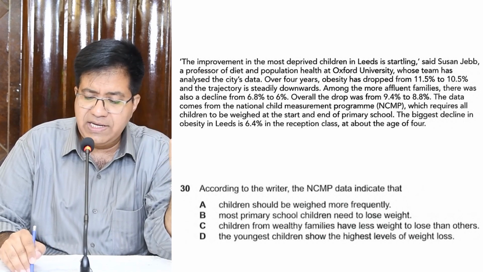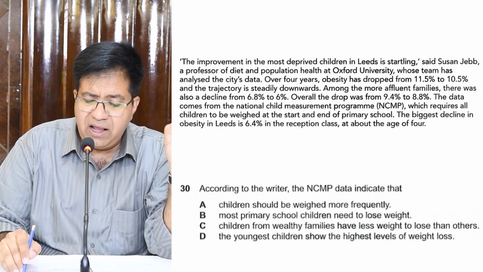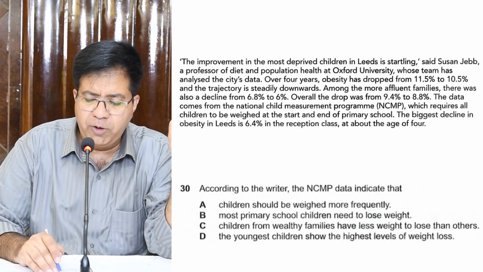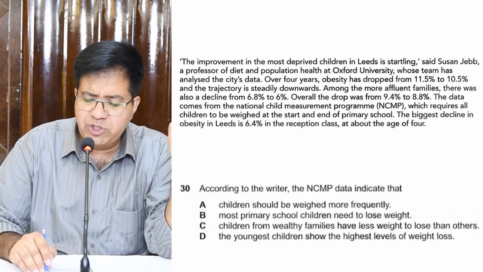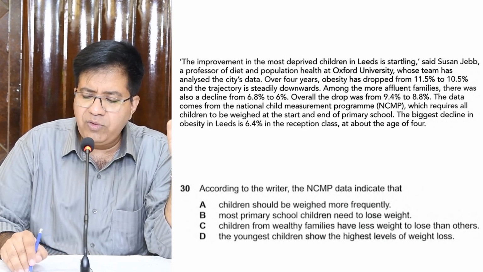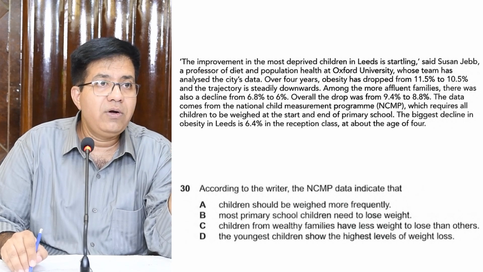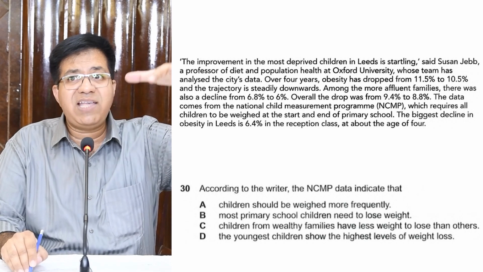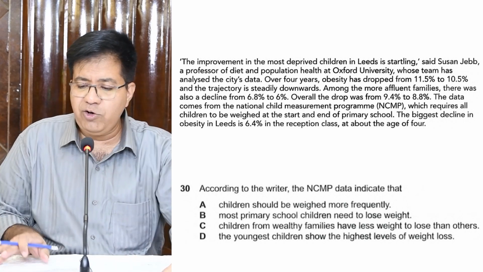Now, important sentence. The biggest decline in obesity in Leeds is 6.4% in the reception class at about the age of 4. Now, age of 4 means the youngest children, they have the biggest decline in the weight, in obesity.